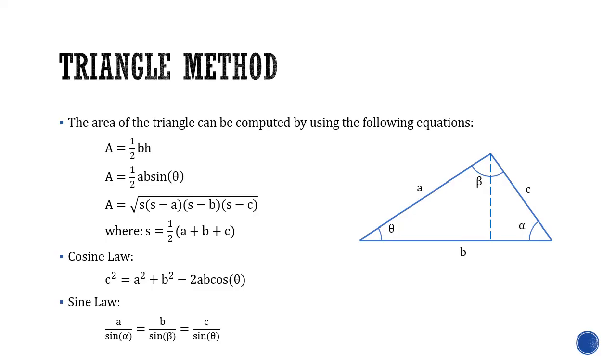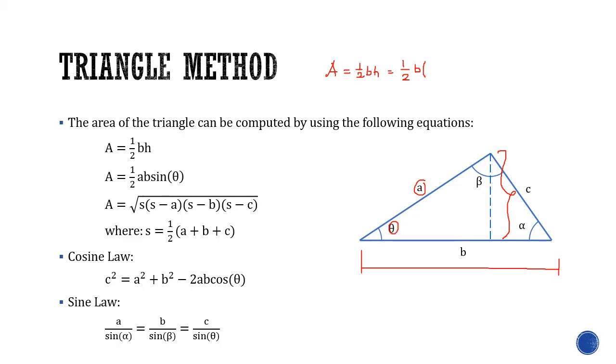Sabi natin, di ba? Area ay equal to 1/2 base times height. Equal din yan sa ganito: 1/2, ito yung gamitin natin na base, plus yung height. Itong height na to ay equal sa A sin theta. Tama ba?